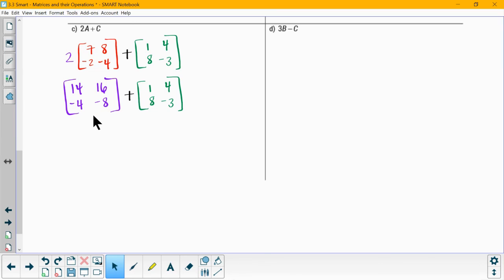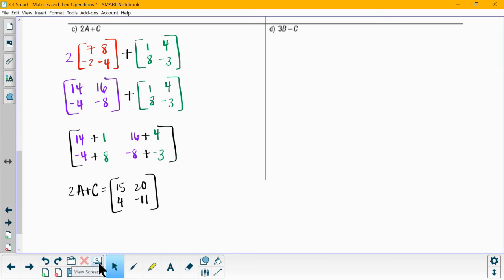And then once you're done with that, it's the same process. I'm going to add the entries together that are in the same position. So my 14 and my 1, my -4 and my 8, and so on. So I get 2A plus C is equal to 15, 20, 4, -11.